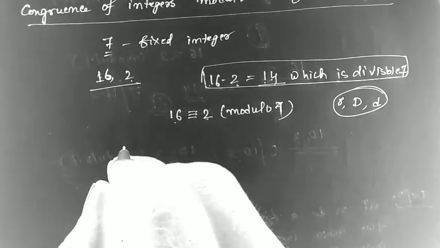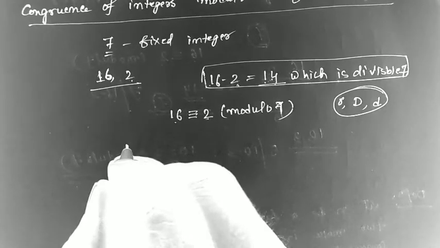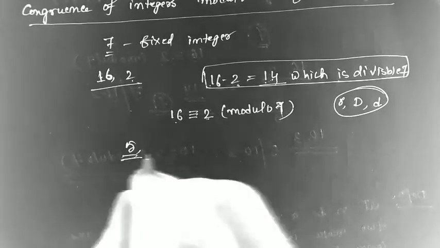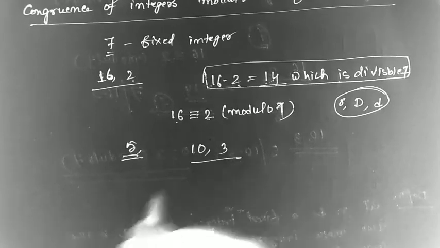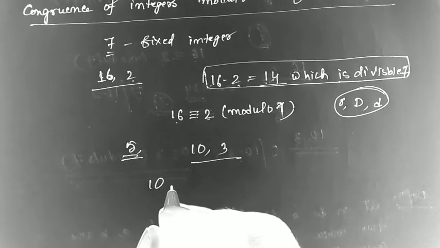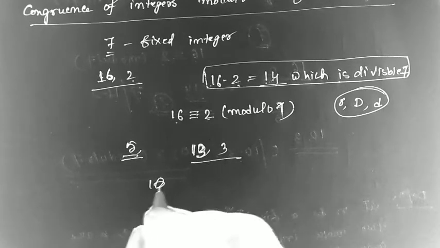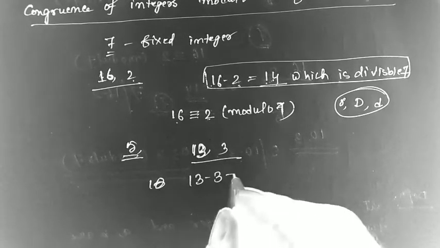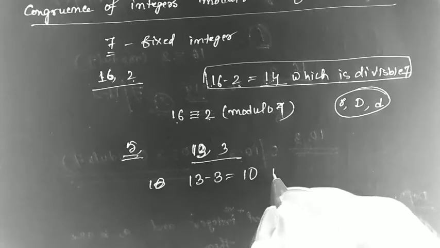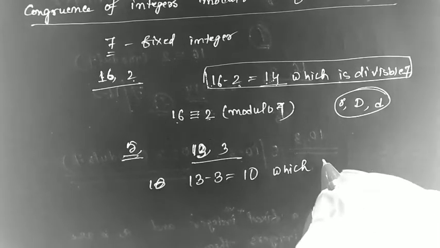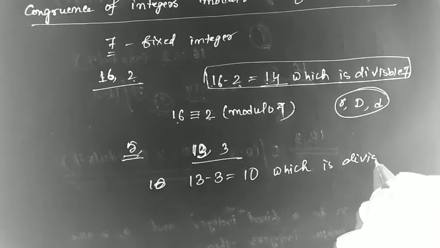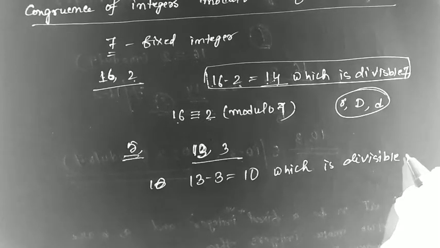Suppose 5 is a fixed integer and 13 and 3 are two more integers. Then 13 minus 3 is equal to 10, which is divisible by 5.